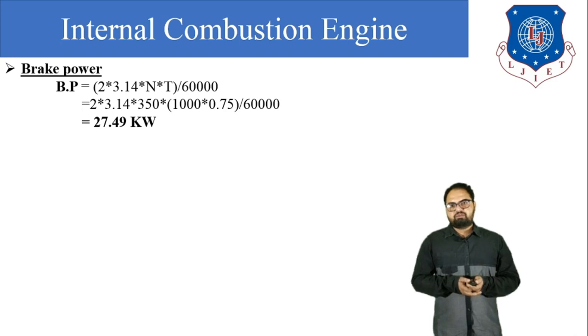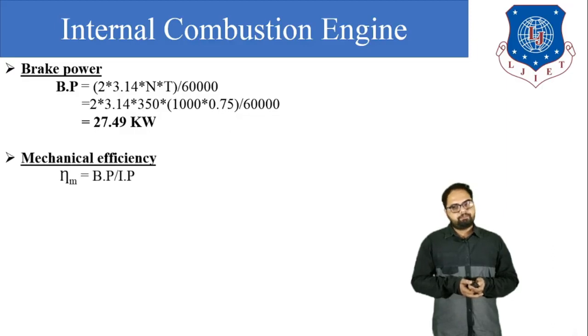So the answer will be 2 into pi, that is 3.14, N that is 350, and torque, the net load 1000 multiplied by 0.75, divided by 60,000. The final answer will be 27.49 kilowatt. So this is the equation for the brake power.